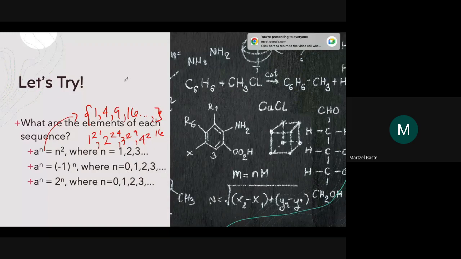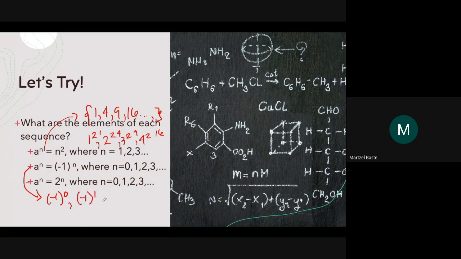So it's like if we're going to substitute that one here. So ano siya? Like negative 1 raised to the power of 0. Yan yung first result. Tapos negative 1 raised to the power of 1. Negative 1 raised to the power of 2.